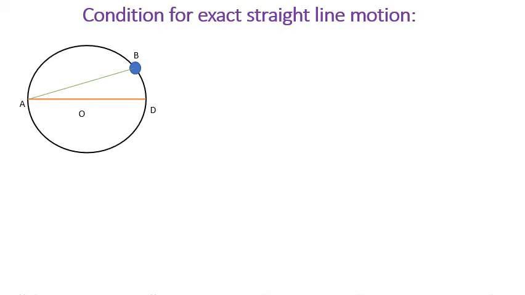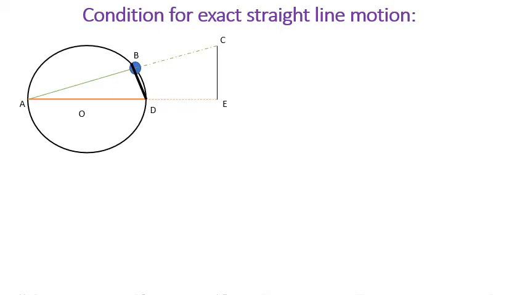Now let us join points A and B and extend it till it reaches point C. Similarly, let us extend AD till it reaches point E. Now I am going to join point C and E and point B and D.